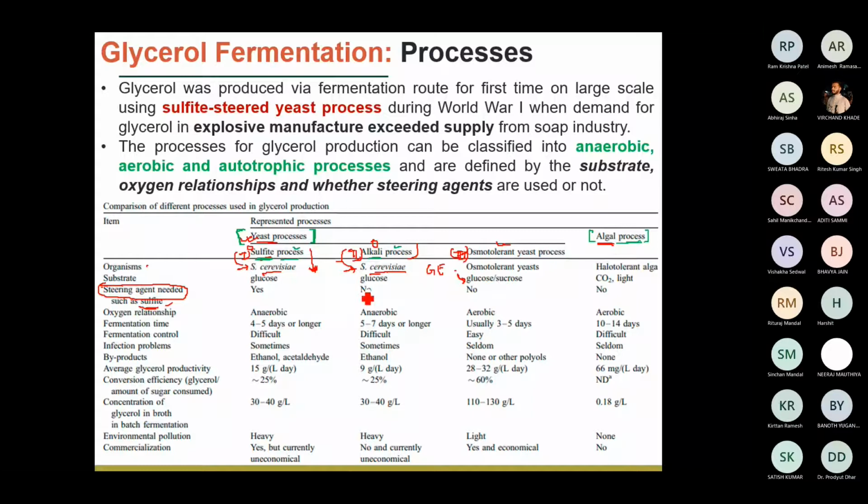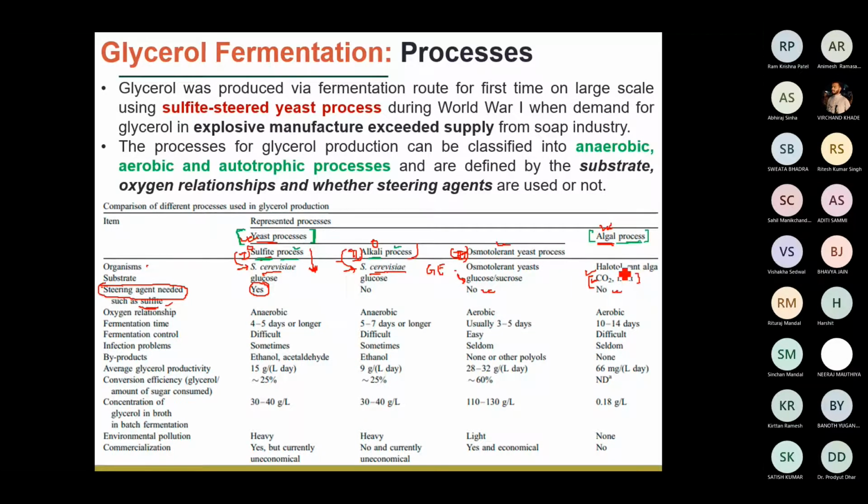If you look into the algal process, the organisms are halotolerant algae, with CO2 and light as substrates. As we have seen in our first classes, there are differences between bacteria, viruses, algae, yeast, and so on. If you recollect, the substrates required for the growth of algae are CO2 and light, because they use the photosynthesis pathway for their biomass production and other biochemical production.